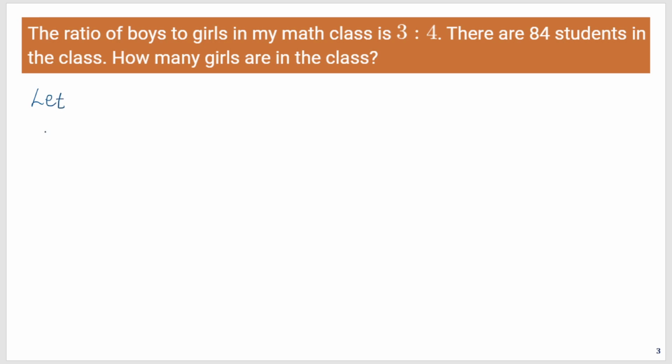Alright, let's have a look at the solution together. So usually we could use some letter to denote the variables here. So for example, we could let B be the number of boys, and let G be the number of girls.